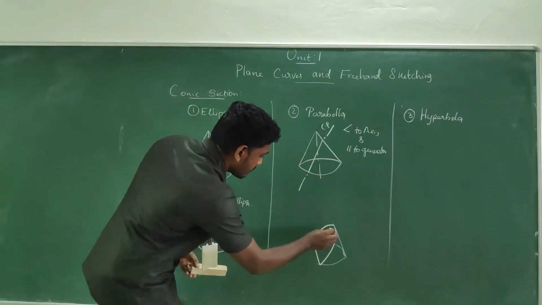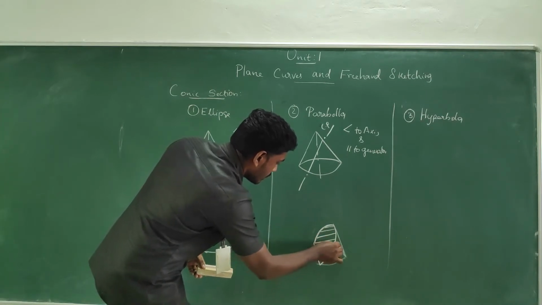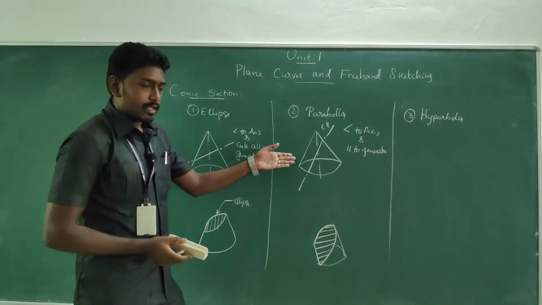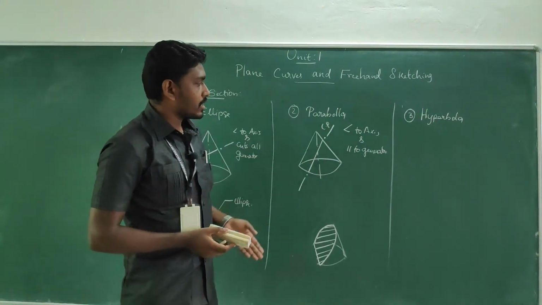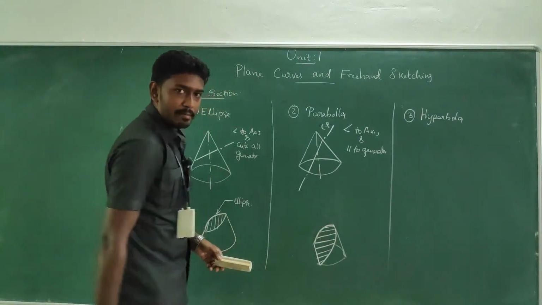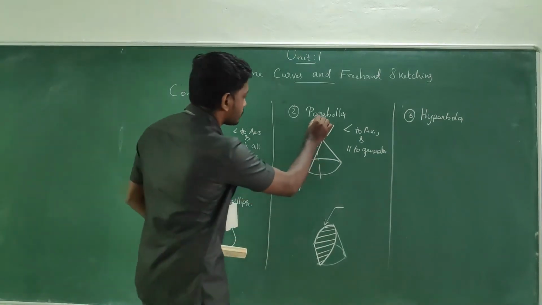So this is the sectioned region when the cutting plane cuts the right circular cone inclined to the axis and parallel to the generator. So you could see the shape which is nothing but a parabola.